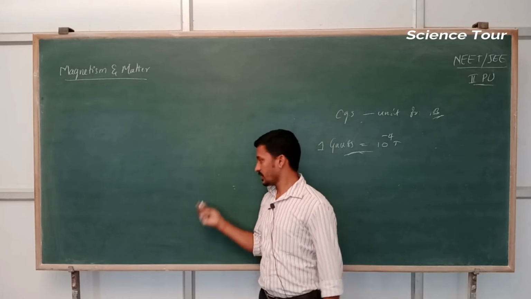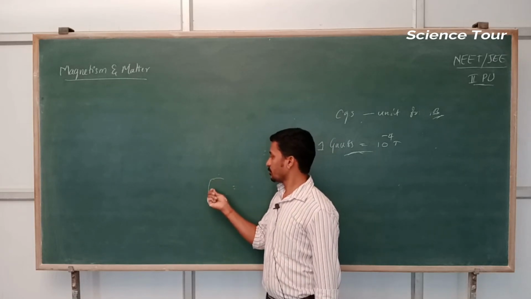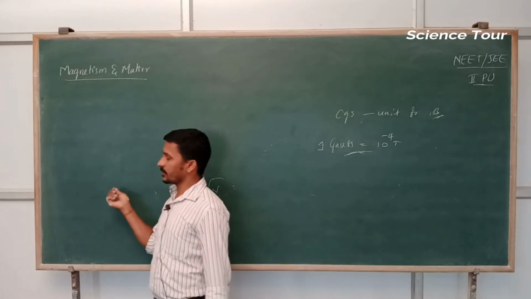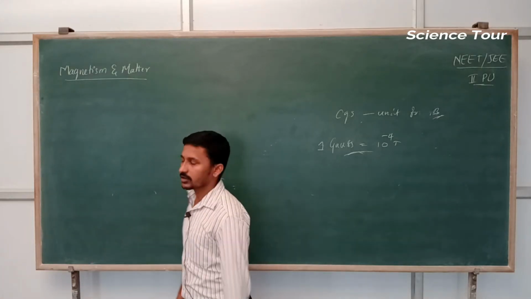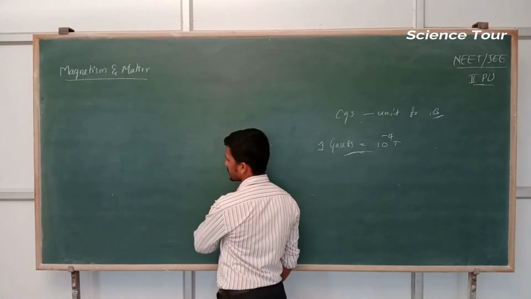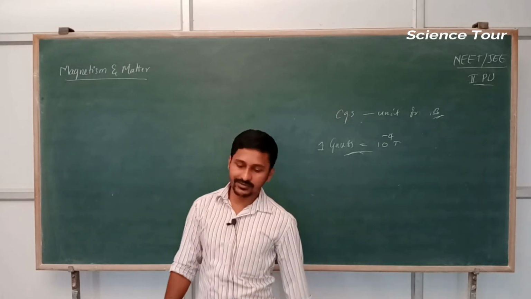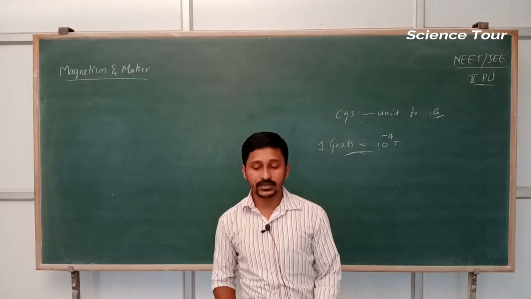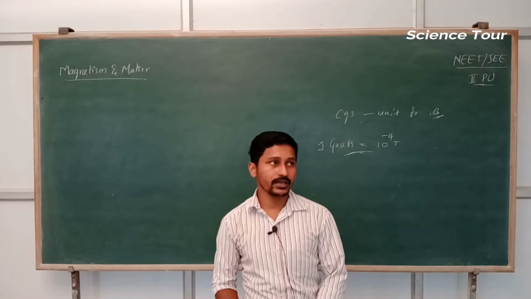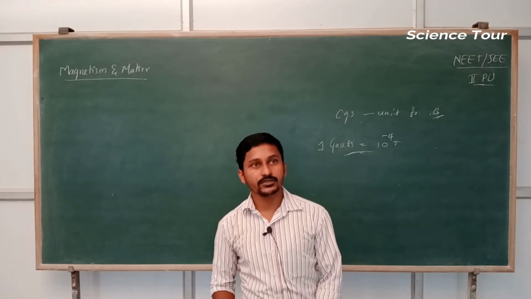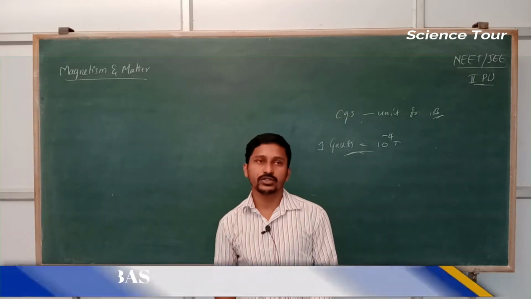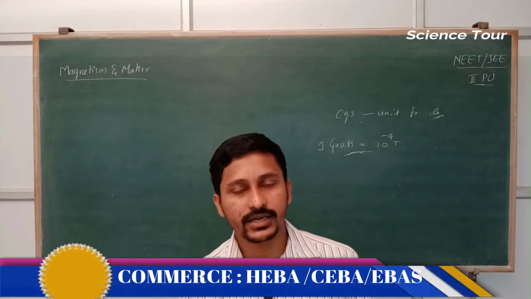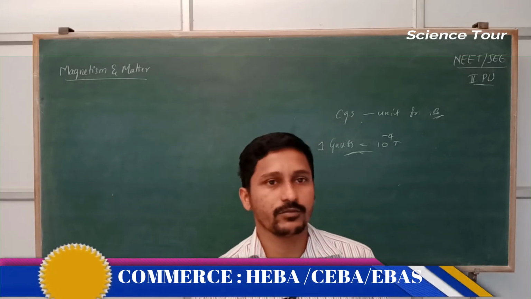Say for example, the north pole is here, it may be here, it may be here, at any point the magnetic field remains the same. Uniform means the magnetic field is the same in both magnitude and direction, but non-uniform means it may be different in direction or in magnitude.